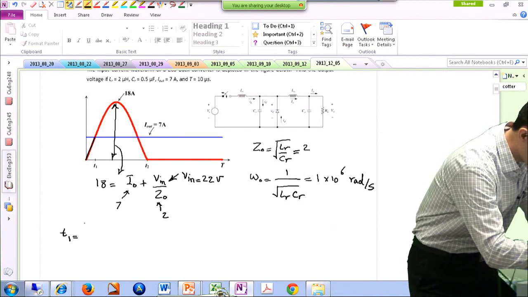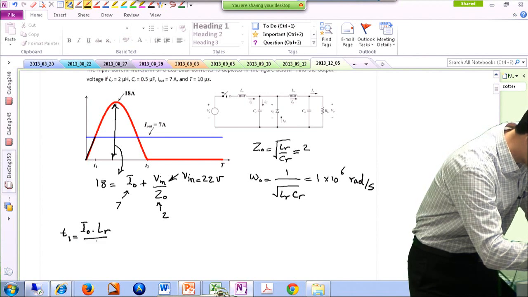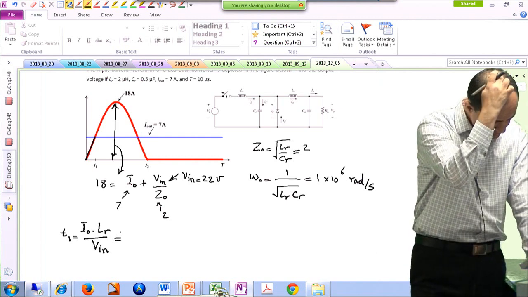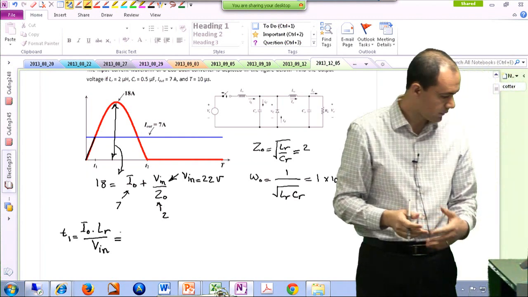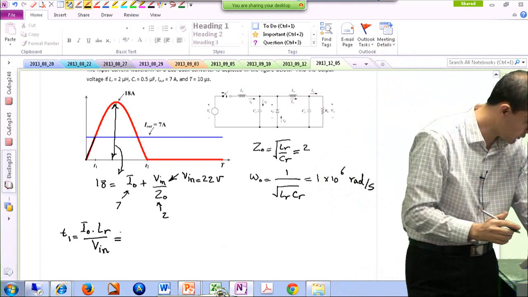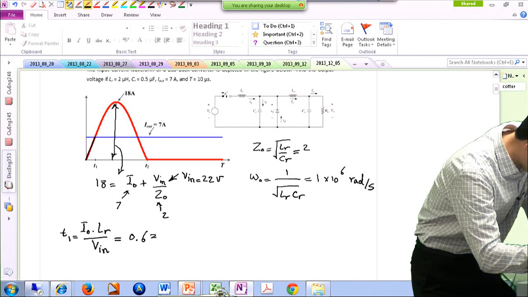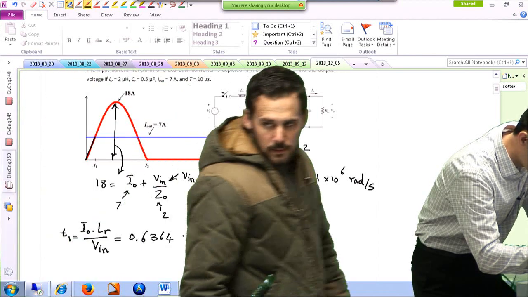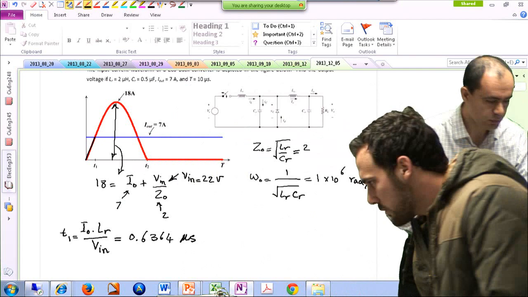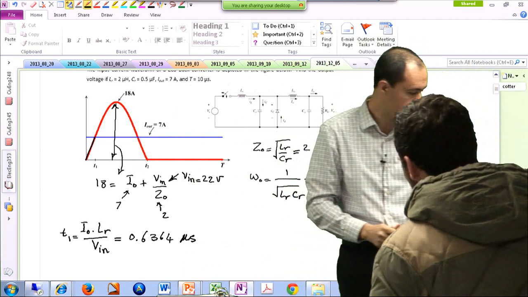So T1 is I out times L_r over V_in. Now we have pretty much everything: 7 times 2 microhenries over 22 volts. That would give us 0.6364 microseconds. It's a relatively short time.